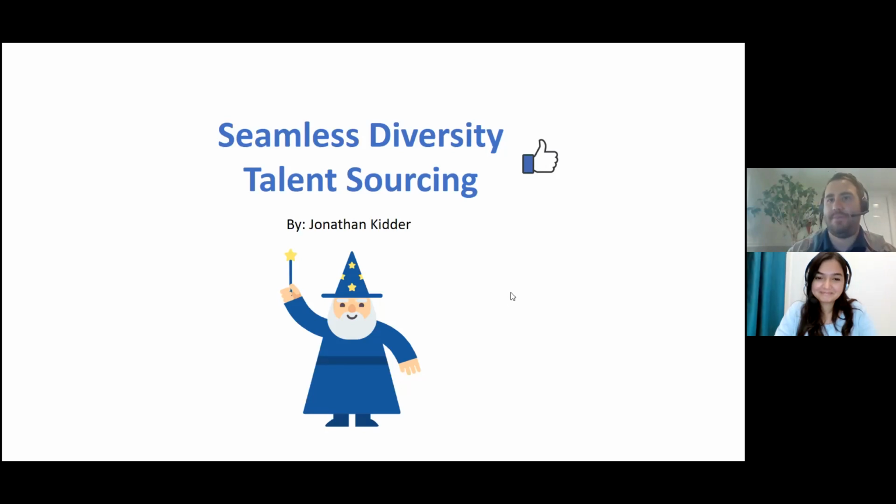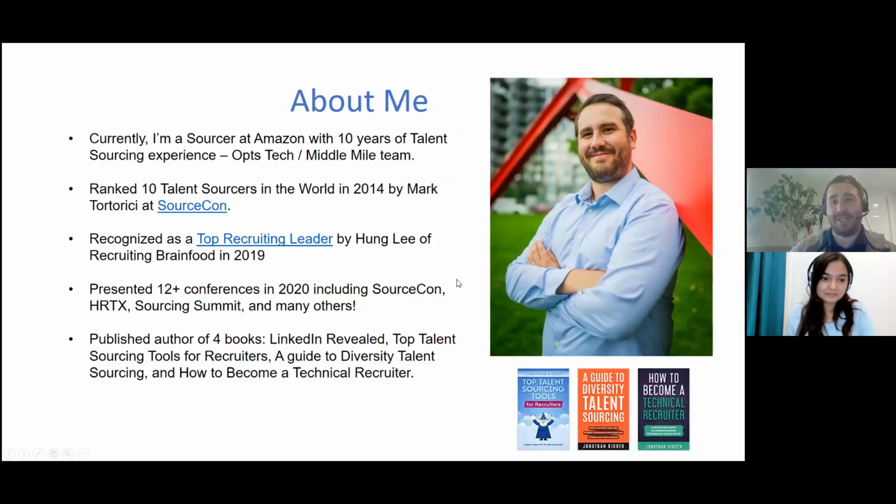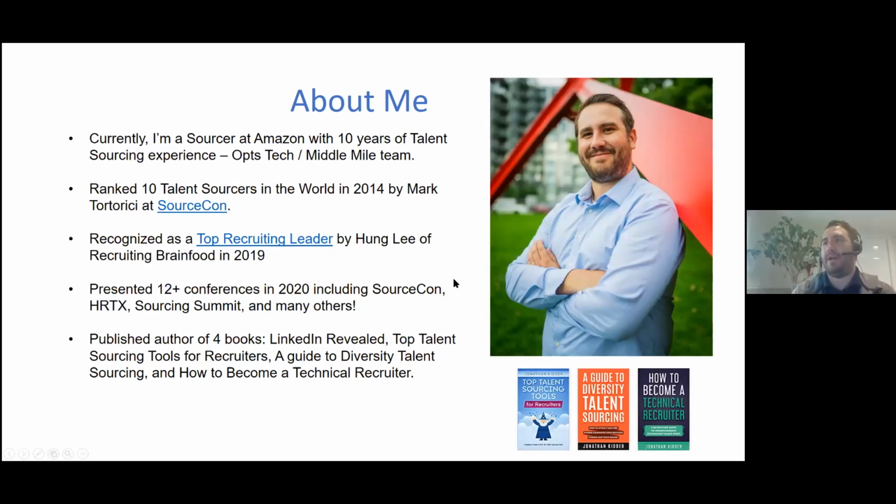So without further ado, this is going to be really focused on seamless diversity talent sourcing. Let's get started. A little about me: I've been sourcing for about 10 years now, and currently I'm at Amazon under middle mile sort tech, supporting software development, backend developers, front end, mobile, and tech stacks. I've been there for about 2.5 years and have enjoyed my experience thus far.